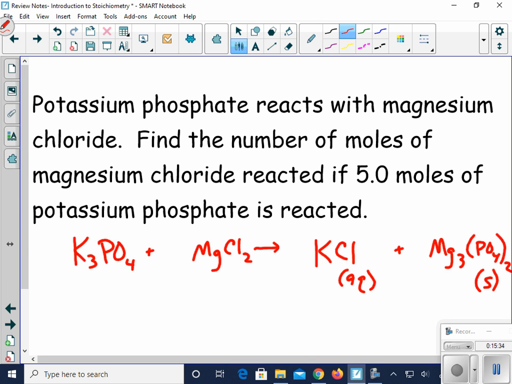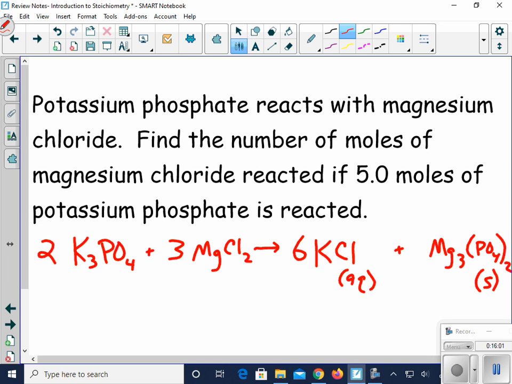Absolutely. So this reaction will occur. Now I need to balance. I'm going to start with phosphate. Balance my phosphate. That gives me 6 potassium. And if I put a 3 right there, I'm balanced nice and easy, aren't I? That should be balanced. Agreed?